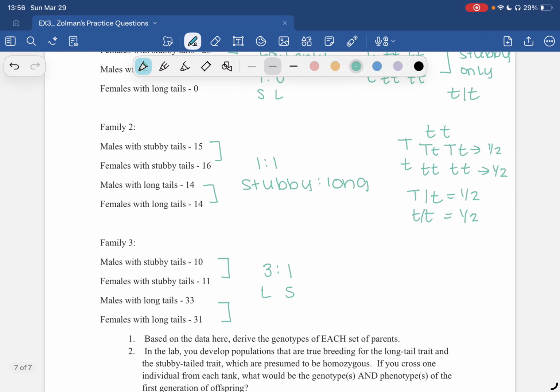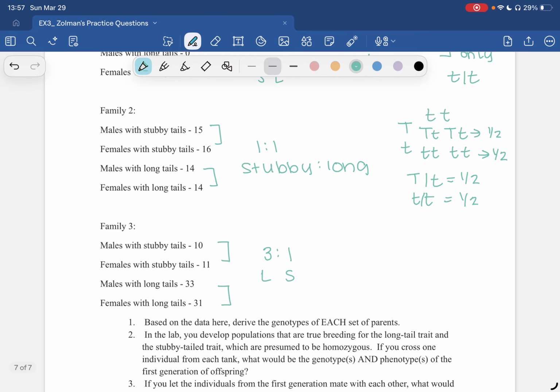Okay, and then lastly, we're looking at family number 3, and we see that there is a 3-to-1 ratio. And recall that if you cross a heterozygous individual times a heterozygous individual, that is what is going to give you that 3-to-1 ratio. So it's going to give you that 3-to-1 phenotype.